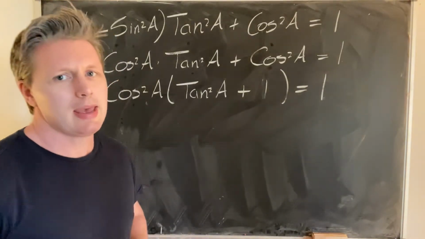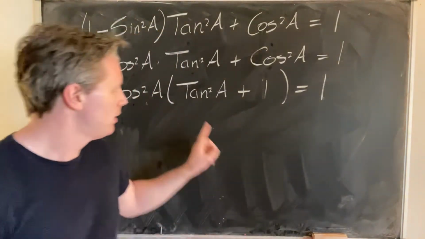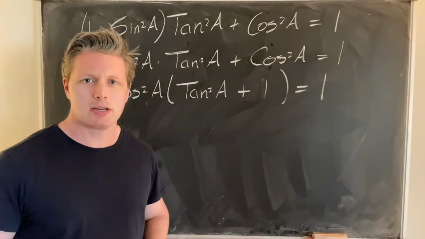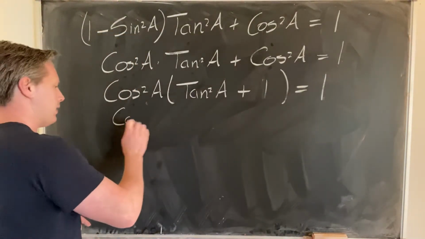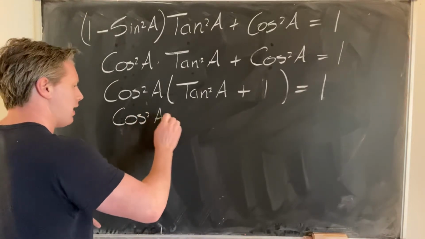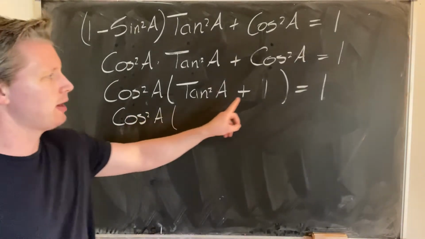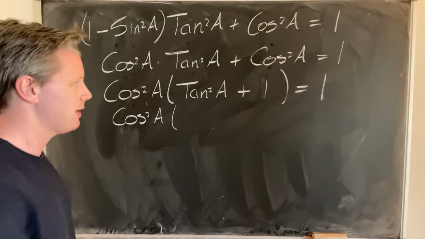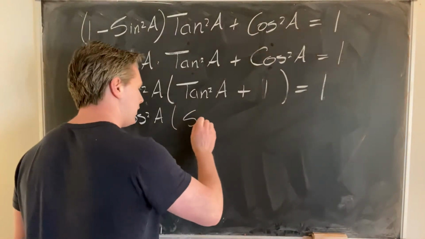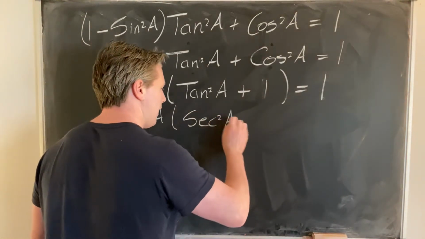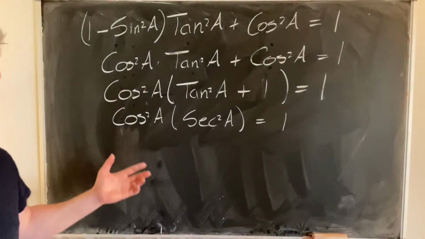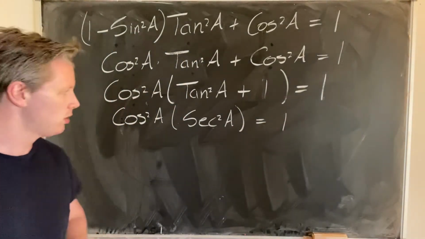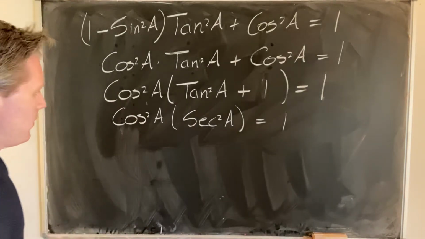Okay, I have cosine squared A times tan squared A plus 1. Well, we just had that tan squared A plus 1 is actually just sec squared A. Okay, so I can write that this is cosine squared A on, instead of tan squared A plus 1, we now know that tan squared A plus 1 is sec squared A. And our question is, is that equal to 1? Can we show that this equation is true?